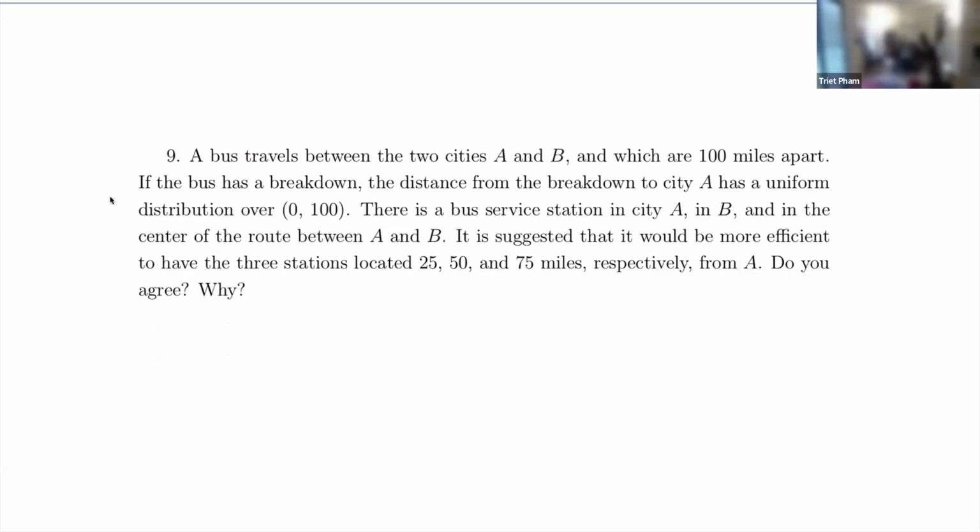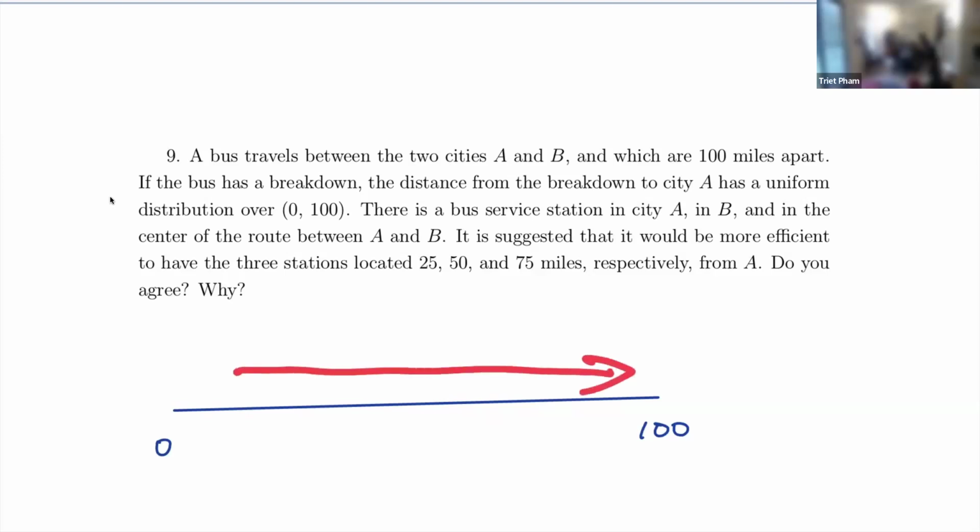The first thing, right, is that there is a 100 miles interval, correct, where a uniform random variable, which is the bus's breakdown location, can happen. It can happen anywhere uniformly on this road.